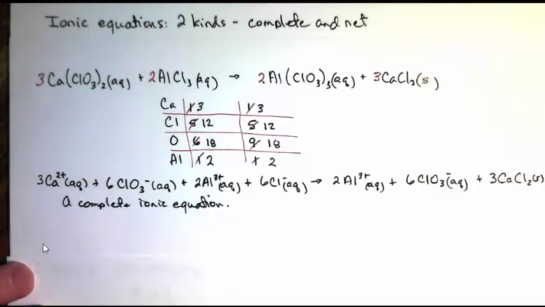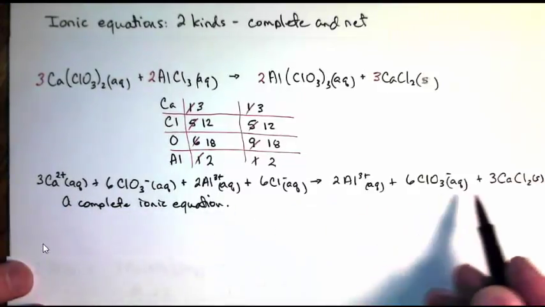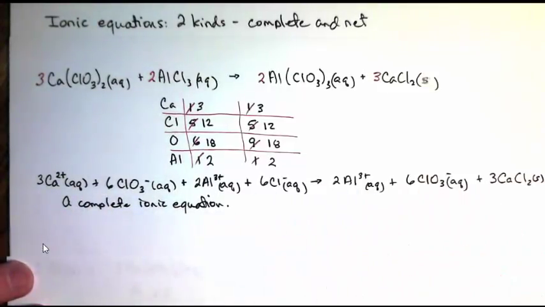Okay? All right. The net ionic equation then excludes all of the spectators. Well, what are spectators? The people that are sitting around watching, right? They're watching the action. They're not really participating in the action, right? Well, let's look at this equation here. Do you see anything that's just kind of not really doing anything?